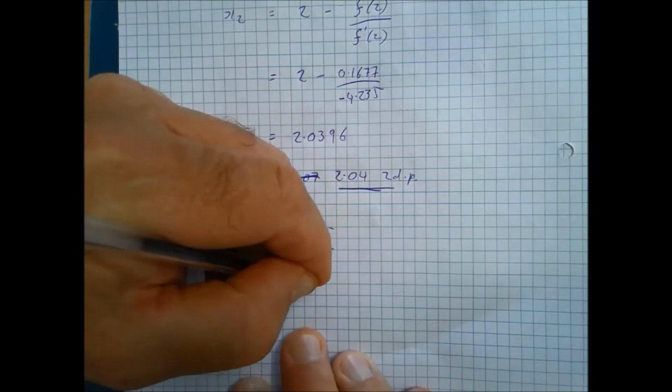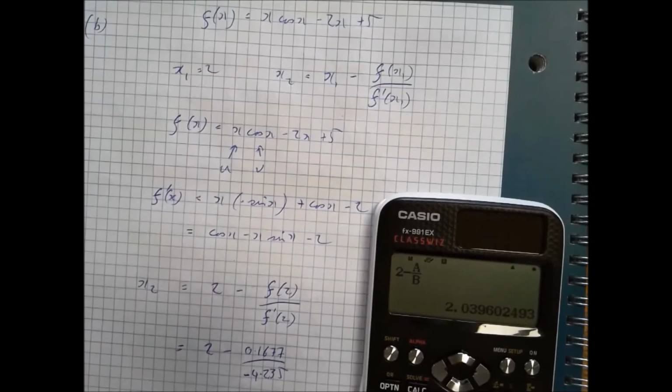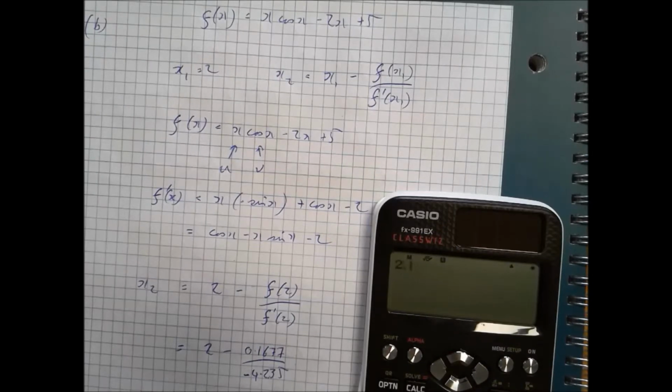Okay, so f of 2.045 equals, calculator time again. Let's put in 2.045.